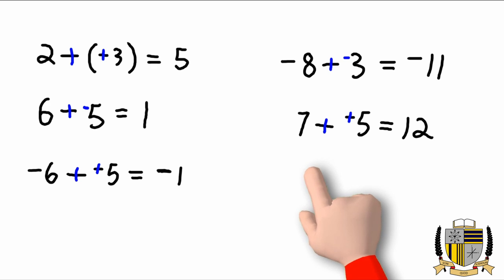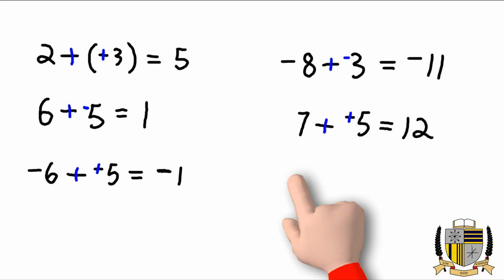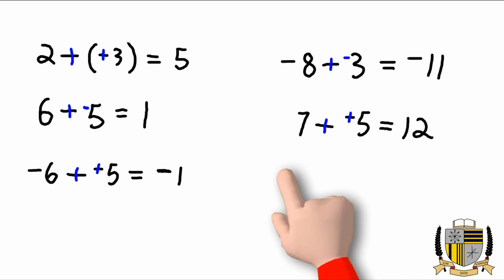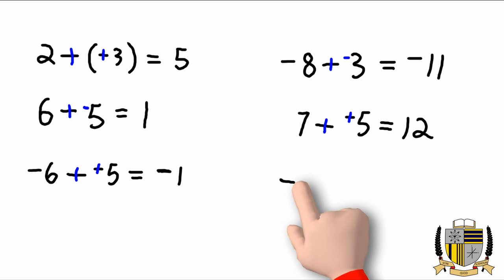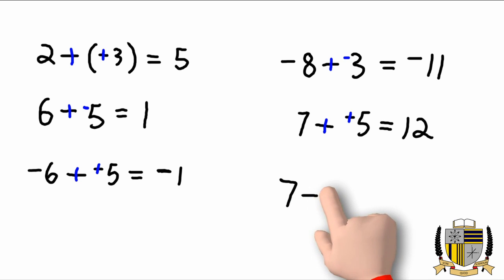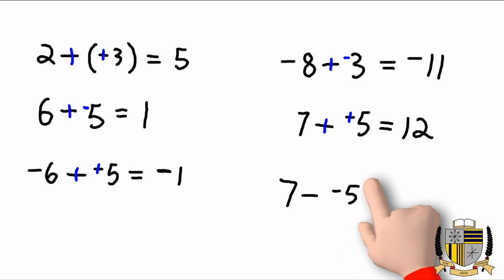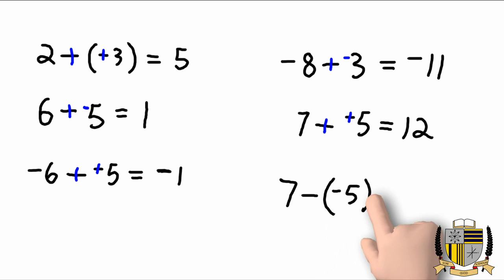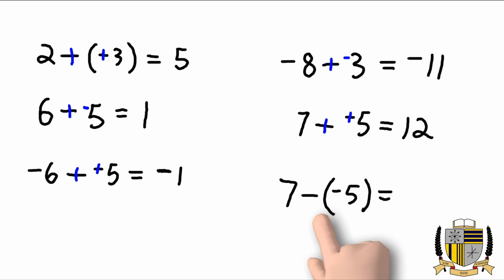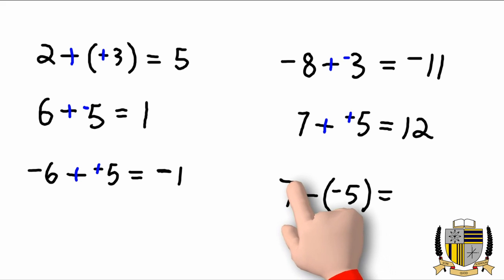So this is it, really. Sometimes, and don't get confused, you may see things written with parentheses. You may see something like this, and you might be wondering, but it's the same thing.